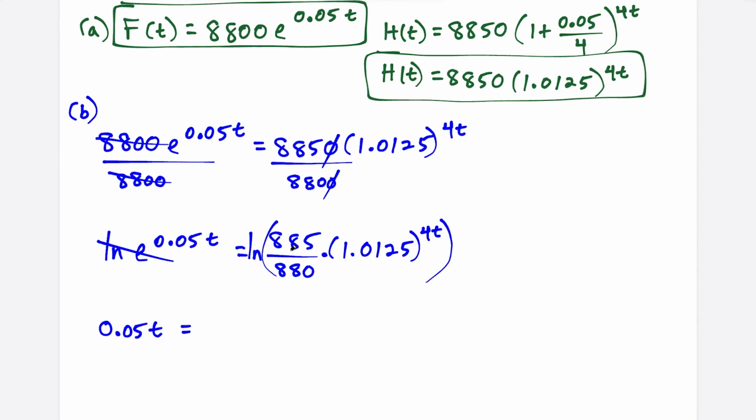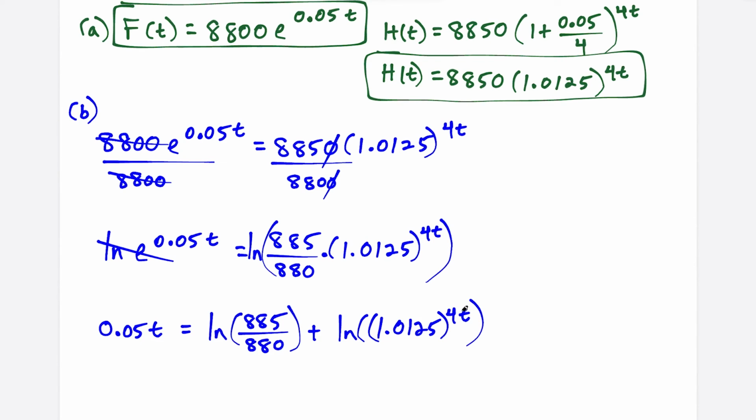So I'm going to use the property of logs that when we have multiplication inside of a log, we could split the log by addition. So I have ln of 885 over 880, plus natural log of 1.0125, with another set of parentheses, to the 4t power.